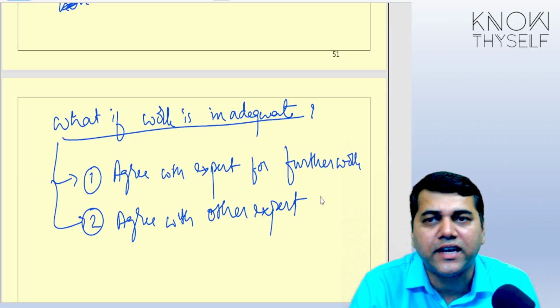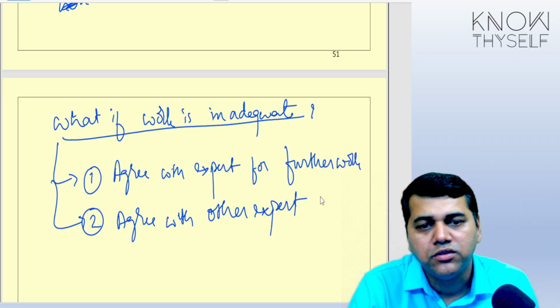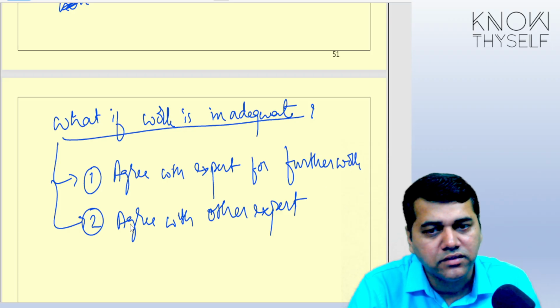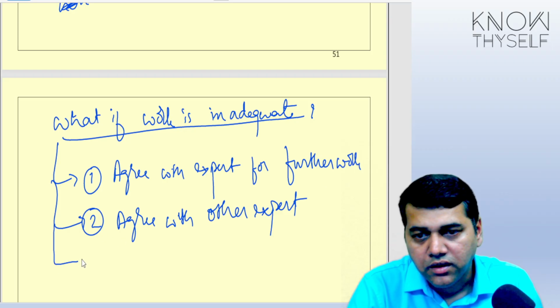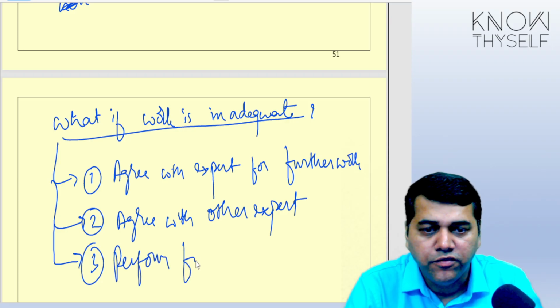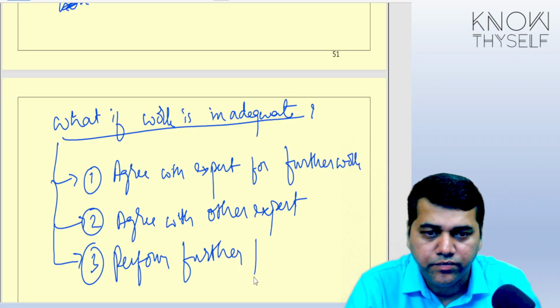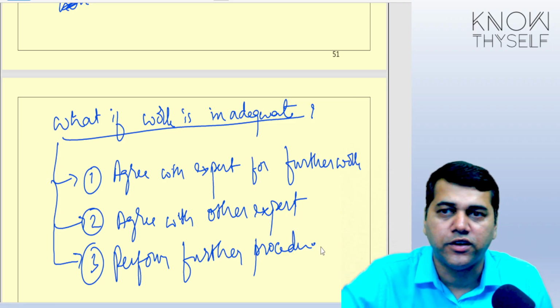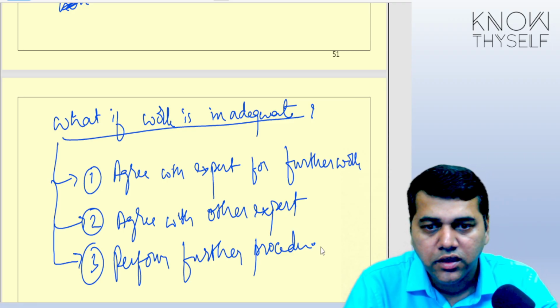Like the contractor says, I cannot do it, I'm busy now. So will you wait for this person only? No, you will get it done by somebody else. And then perform further procedures. Further audit procedure. That means you perform now your test of control, substantive procedures. Okay.